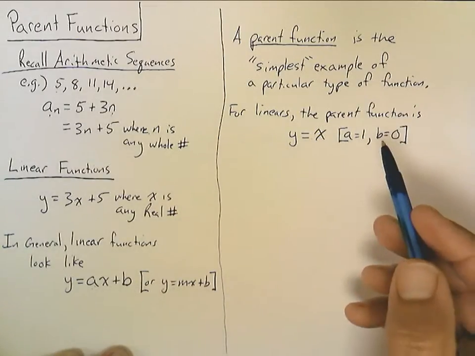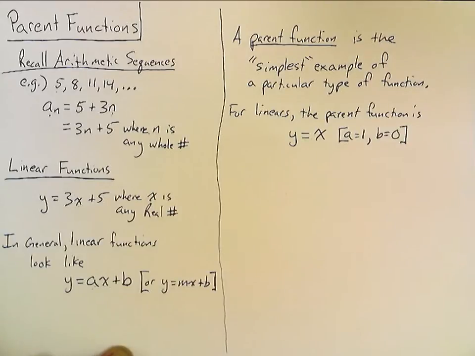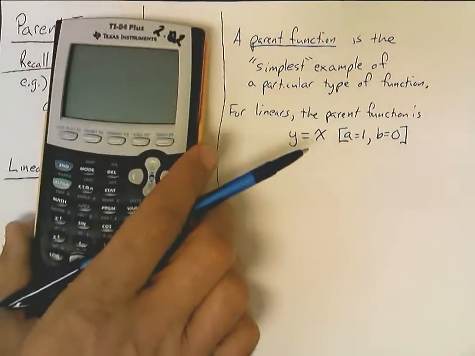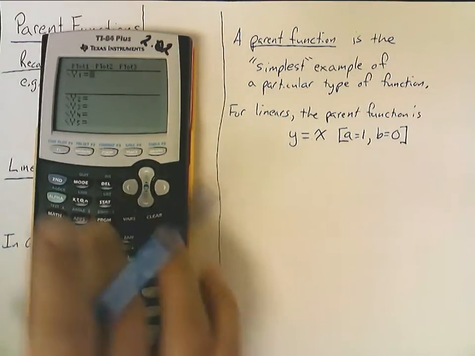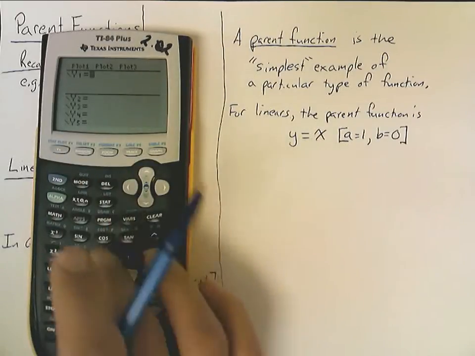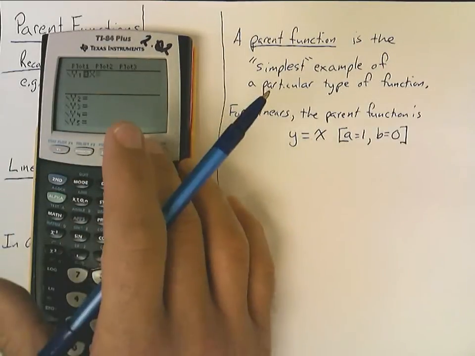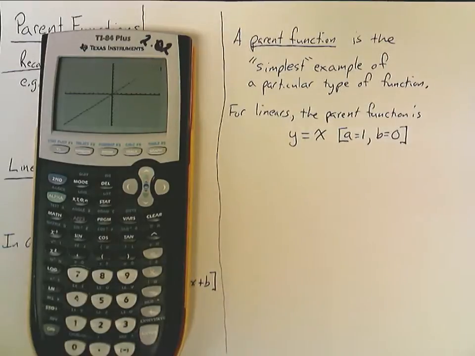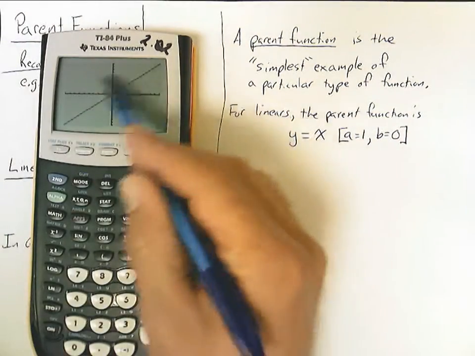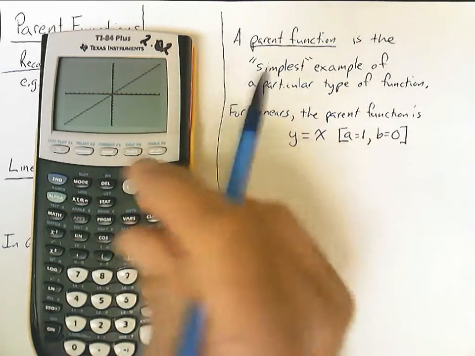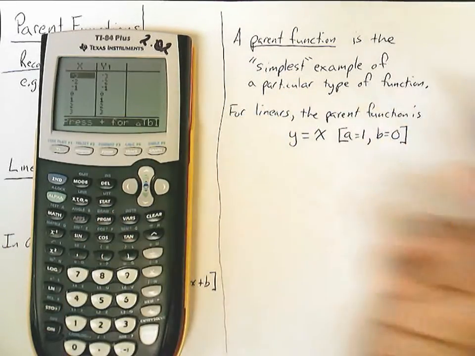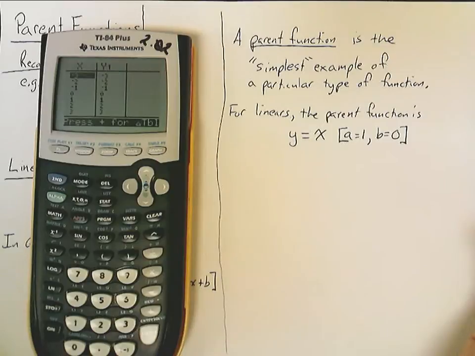It's the simplest version. And if you want to see what that looks like, maybe you should already have an idea here, but if we just type this in, y is equal to x, and we graph that thing, oh wow, it's a nice straight line. And even though this window is skewed a little bit, what you might see if you look at a table is just that the x values and the y values are always the same thing.